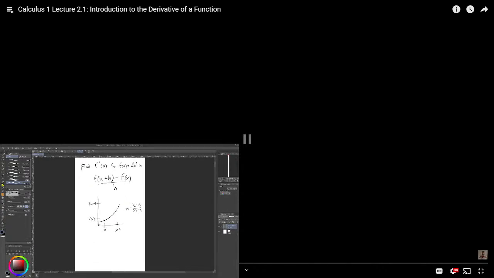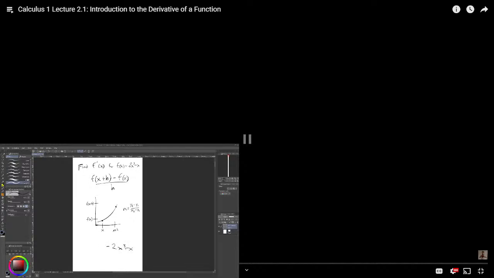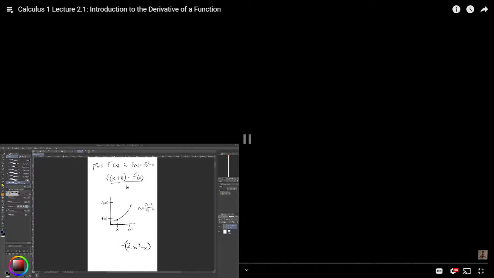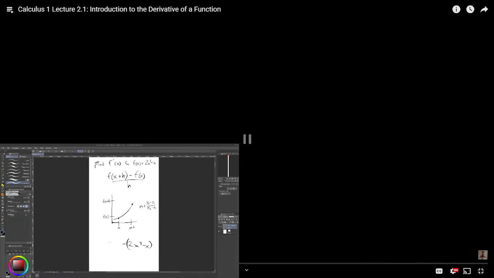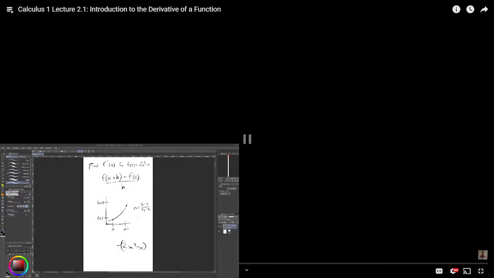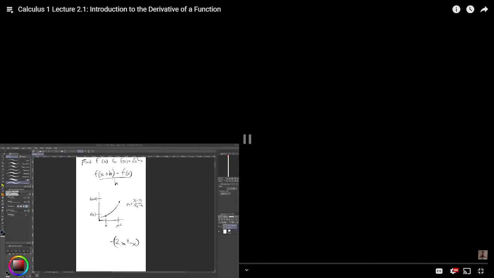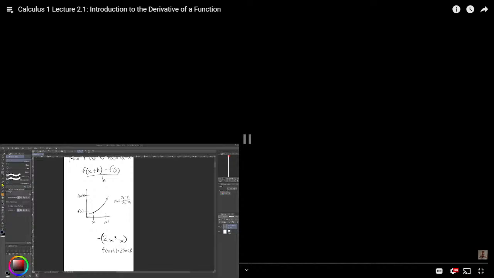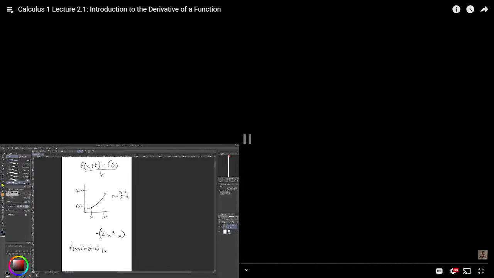So now I just plug that in. We already have f of x, so 2x cubed minus x. And that's in parentheses, so you gotta distribute the negative. Gotta find what f of x plus h is. I'll do that right here. f of x plus h equals 2 times x plus h cubed, minus x plus h.